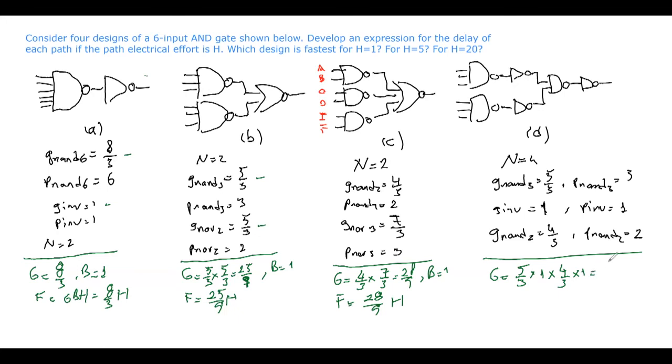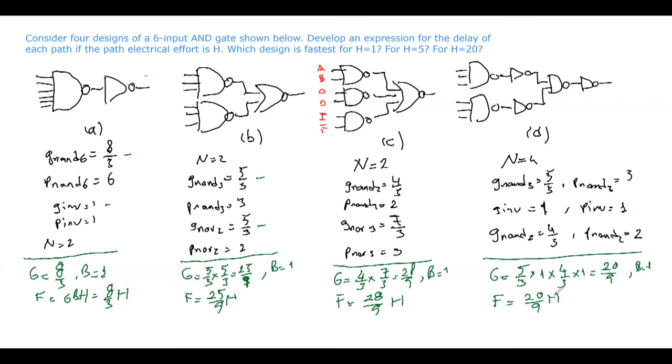So at the end, it's going to be 20/9. And again, my branching effort is 1. So F is what? 20/9 times H. Okay. And these were the path logical effort values.